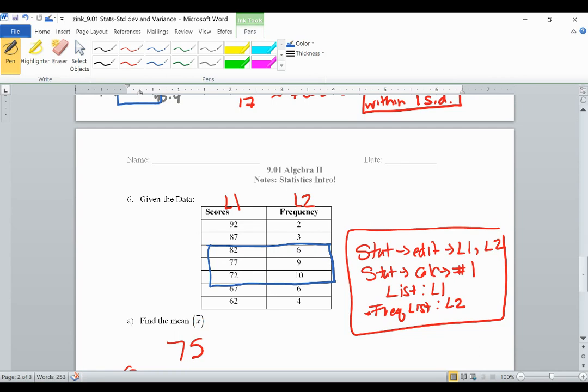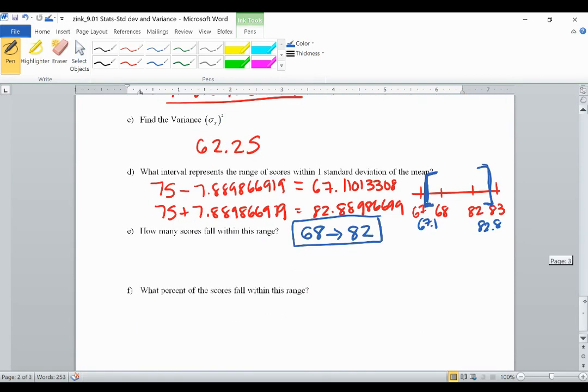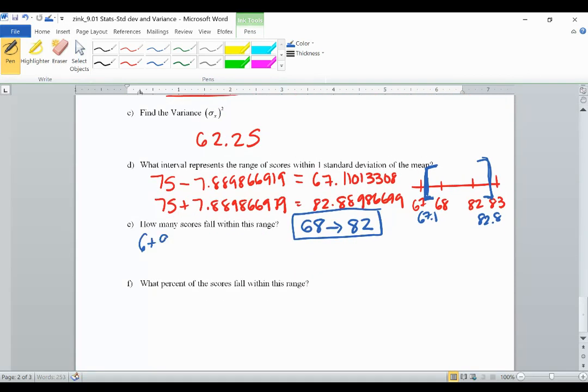Now be really careful because what a lot of students do is they just say, oh, well, there's 3 scores there. But really we have 6 82s, we have 9 77s, and we have 10 72s. So these are the numbers we want to add up. So we're going to add up our 6, 9, and 10. So altogether, there are 25 scores within that range of values.